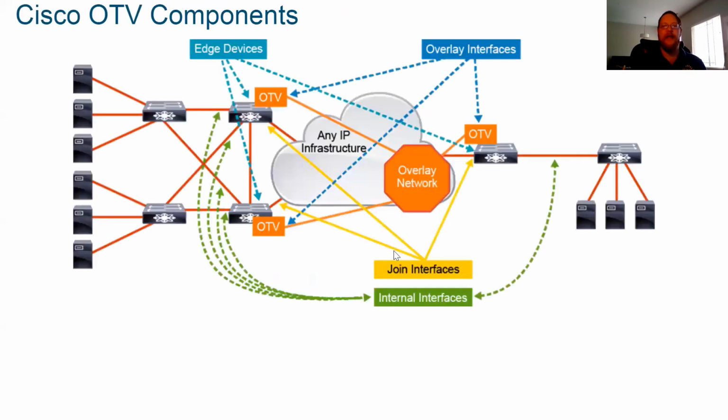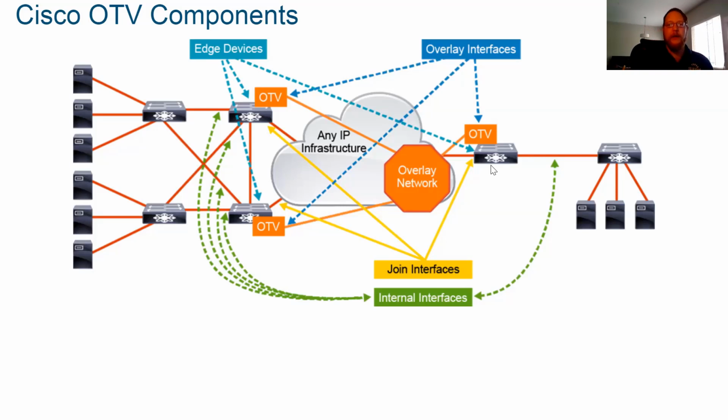But with that being said, let's look at some of the components. I know this looks busy, but it's not. There's not actually much going on here. The first thing is, obviously, we're going to have the edge devices. On those edge devices, they are going to have an overlay interface and an internal interface. The internal interface is where I can learn new MAC addresses as they send ARPs, as they flood, and so forth.